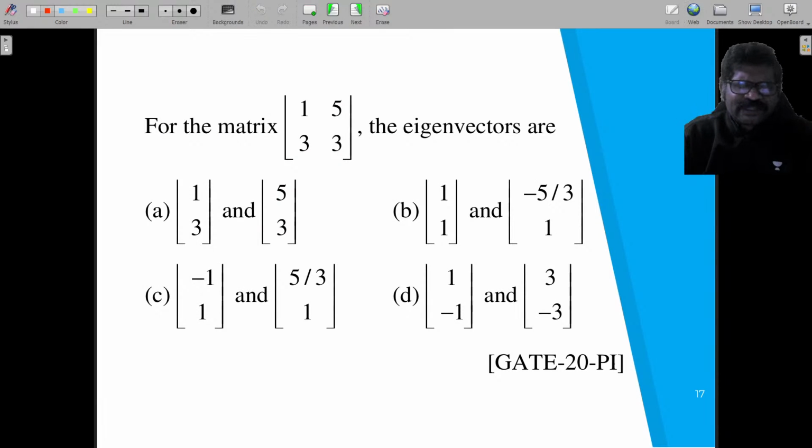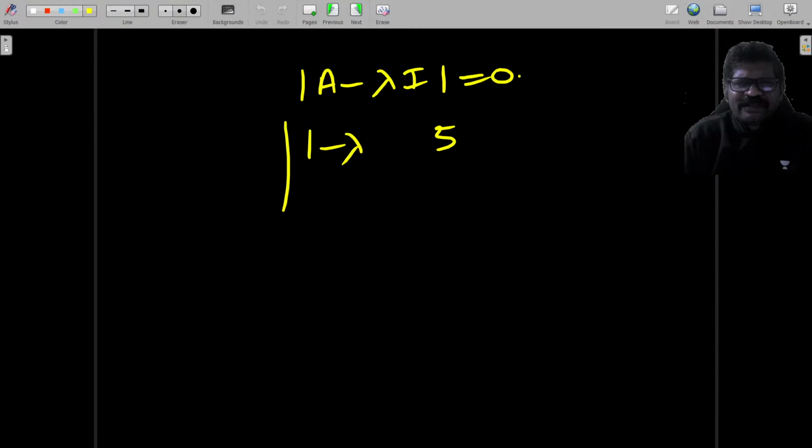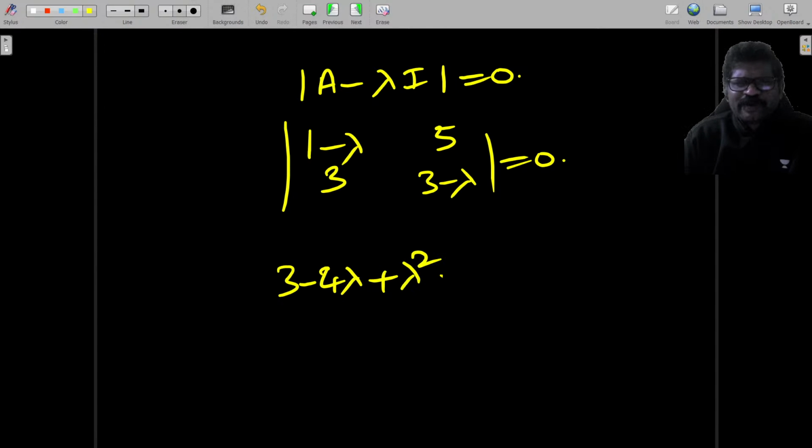Next, for the matrix 1, 5, 3, 3, what are the eigenvectors? First you calculate eigenvalues. Determinant of A minus lambda I equal to 0: (1 minus lambda)(3 minus lambda) minus 15 equal to 0.